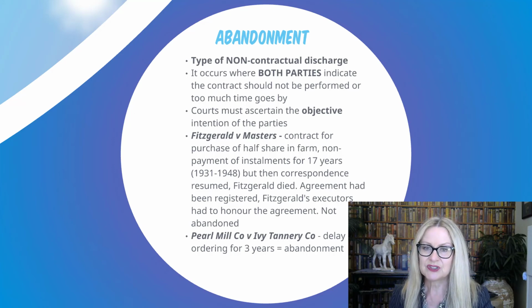Then Fitzgerald died, but just before he had died, a couple of years before he died, they had resumed correspondence about this deal. And then, unfortunately, after Mr. Fitzgerald died, his executors refused to honour the arrangement. So, not surprisingly, Masters decided to enforce the agreement.